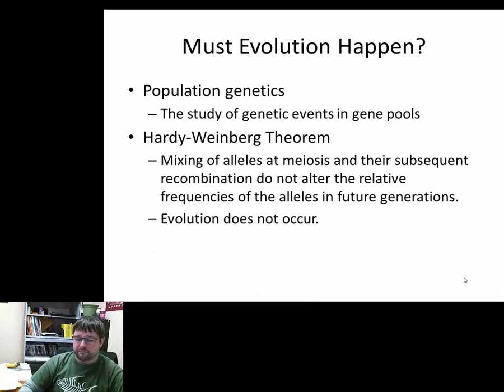So, if the population's alleles are not changing, if the relative frequency of dominant to recessive does not change from one generation to the next, or from 1 year to 5 years later, then evolution is not occurring. And Hardy-Weinberg came up with a theorem to describe this.